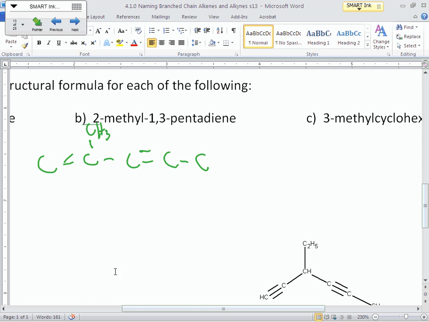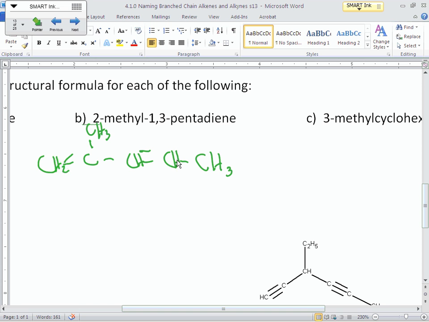And then I load up my H's just as before. This guy has 2 bonds, so I need an H2 there, right? This guy has 4 bonds, no H's. This guy has 3 bonds, he needs an H. This guy has 3 bonds, needs an H. And this guy, H3. Okay?